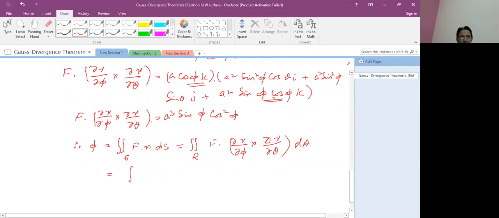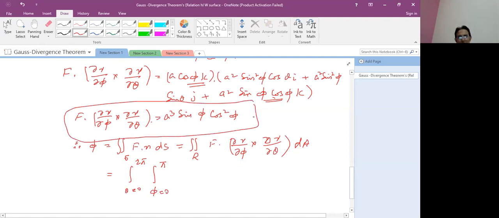So therefore, the limit of phi is 0 to pi, and the limit of theta is 0 to 2 pi. What is F dot r? It means this value we will convert in.